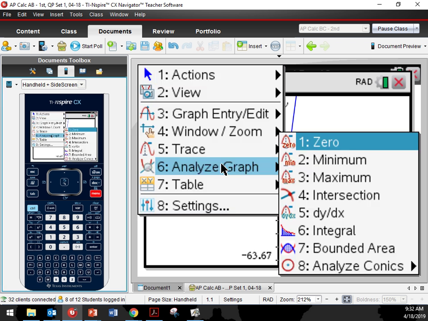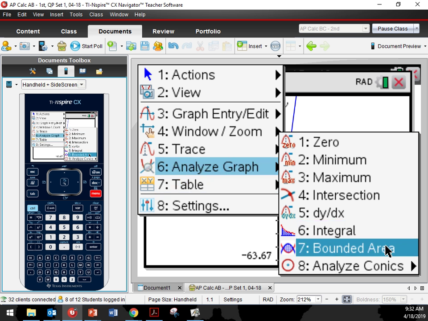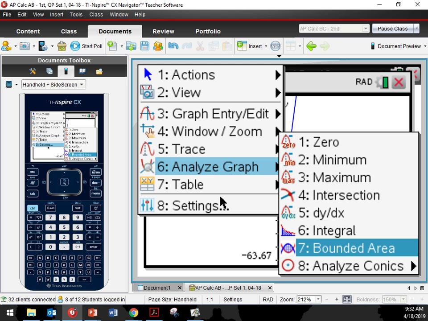Menu, analyze. No, this one doesn't do it.